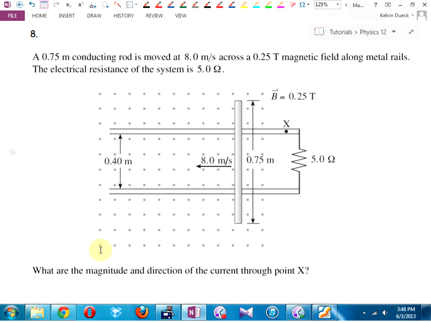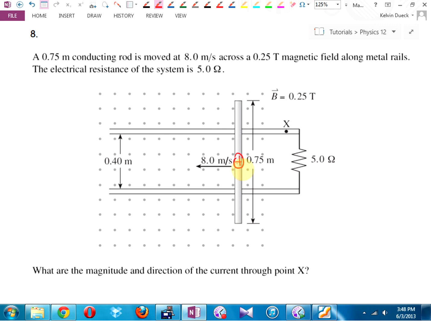Let's see if we can first of all figure out the direction of the current. We're going to do that by looking at one little positive guy right there. Which way is he traveling right now? To the left. So I'm going to point my right thumb to the left. Which way is the magnetic field? Out of the page.